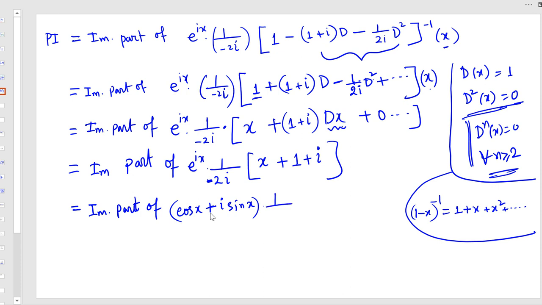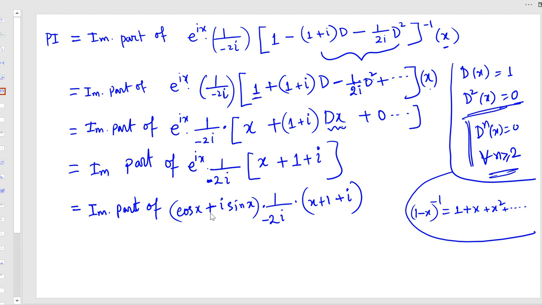Then 1 by minus 2I into x plus 1 plus I. This x plus 1 plus I is multiplied there.